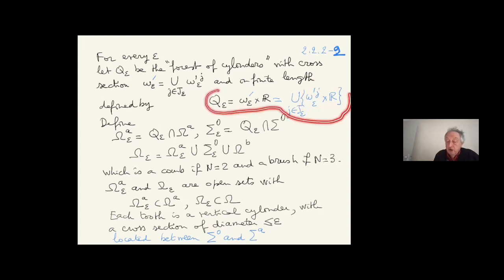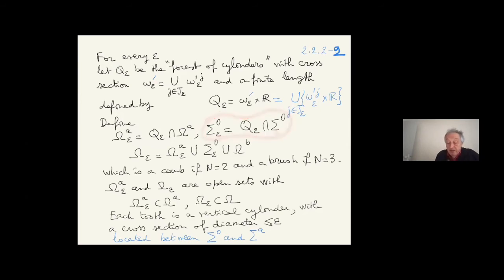union of those cylinders. Okay, and then I can define two things: omega A epsilon, which is the intersection of this forest of cylinders with omega A, and sigma 0 epsilon, which is the intersection of this forest of cylinders with the boundary sigma 0.